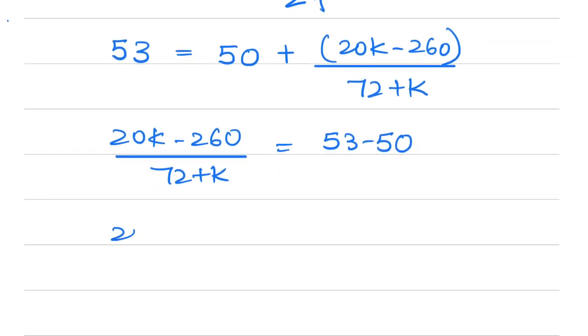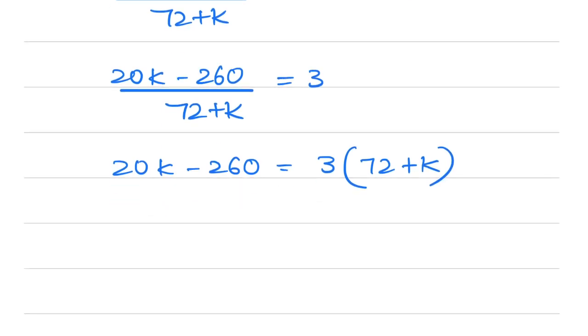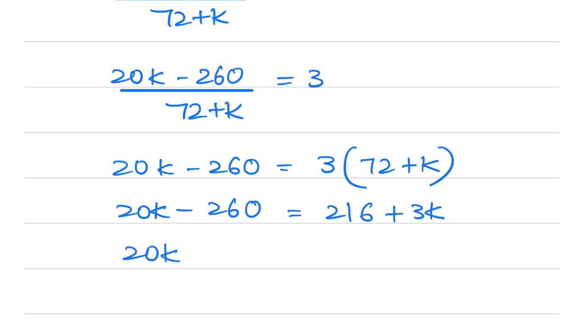So we have 20K minus 260 by 72 plus K is equal to 3, or 20K minus 260 is equal to 3 multiplied by 72 plus K. Here we have 20K minus 260 is equal to 216 plus 3K. Now 20K minus 3K is equal to 216 plus 260.